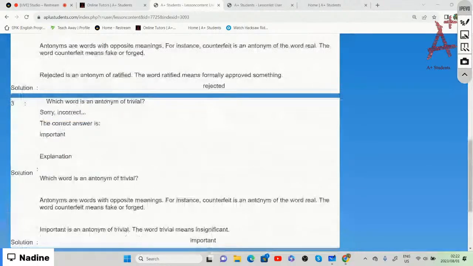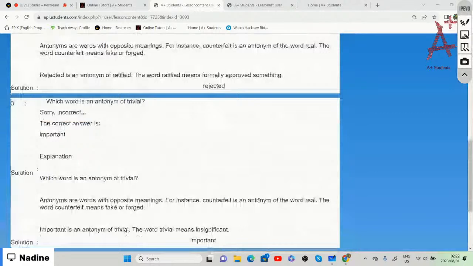We need to find the antonym of trivial. All right, so trivial means insignificant.